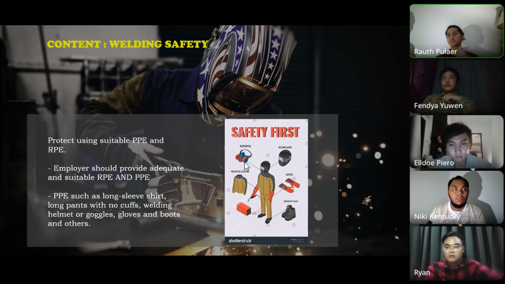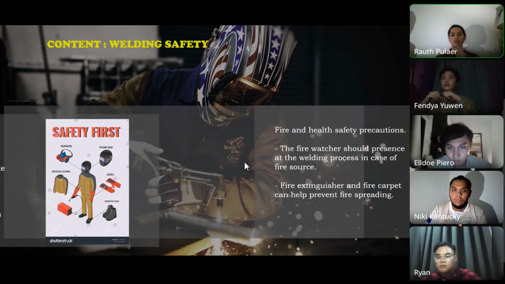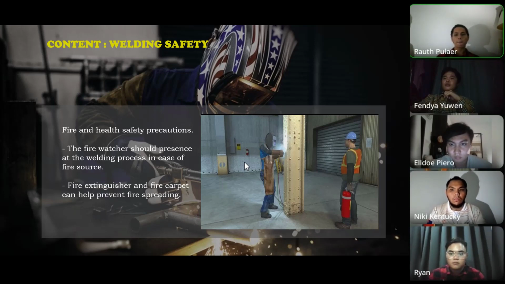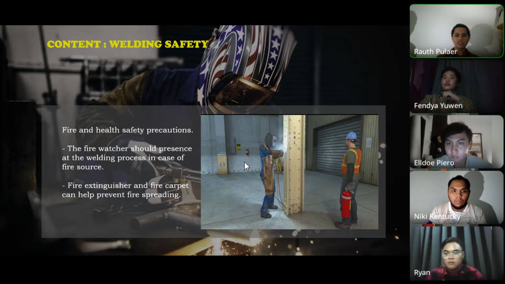So the next content is fire and health safety precautions. Welding can be hazardous, as we all may know, because welding involves a high voltage of electricity and it will burn the metal. Therefore, they must provide a fire watcher. So what does a fire watcher do?